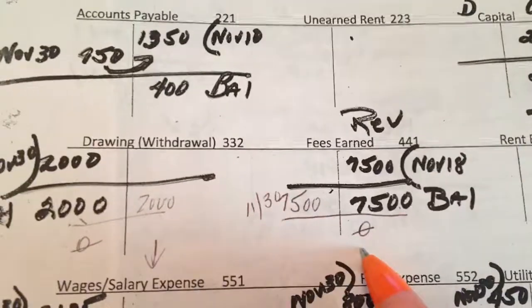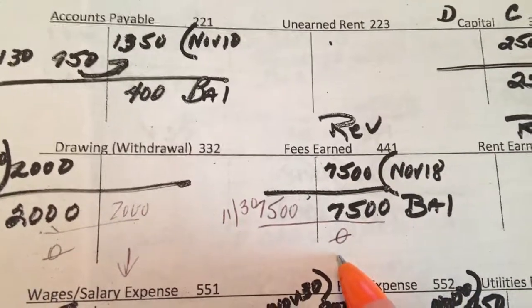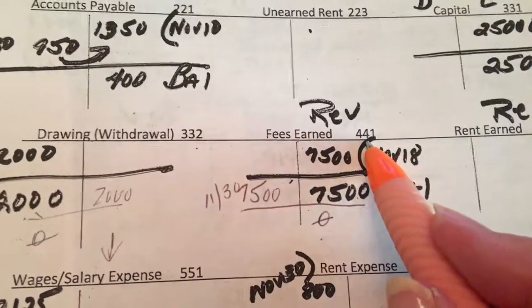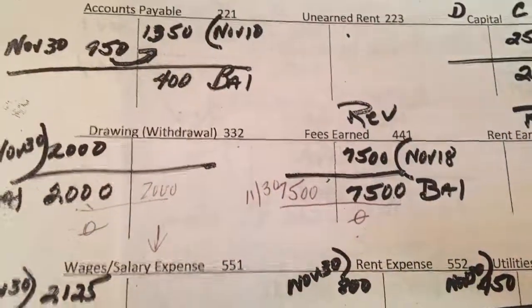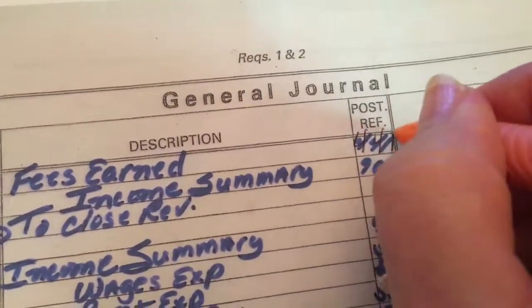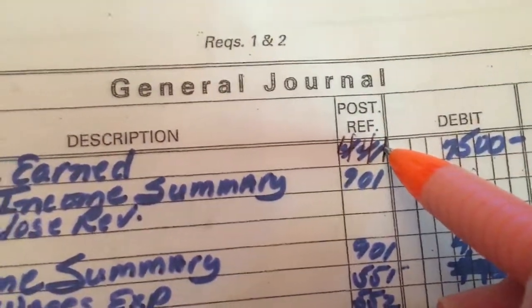When you do this for test purposes or for your take-home, you better have a 0 in this account. Then you want to take that number 441 that's up there and take it back and post it where that posting reference is. So that's why we have a 441 in the posting reference. This page had already been done.